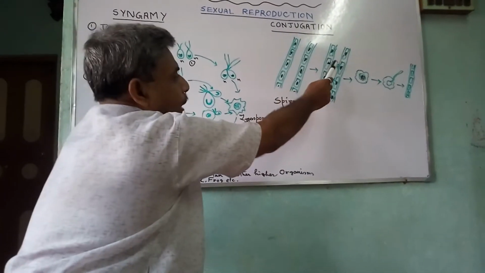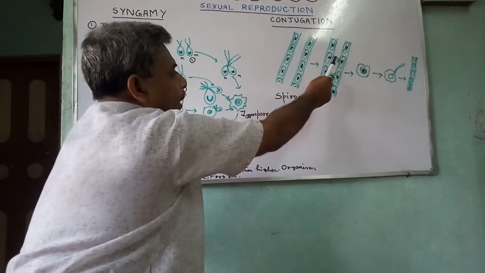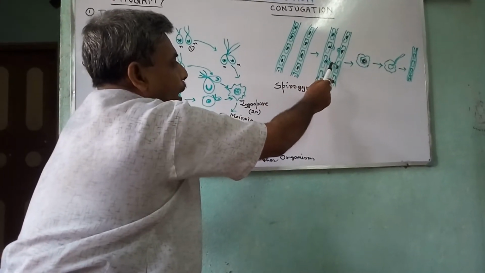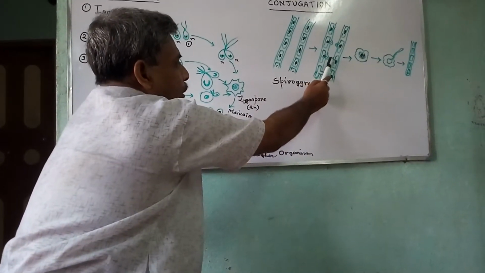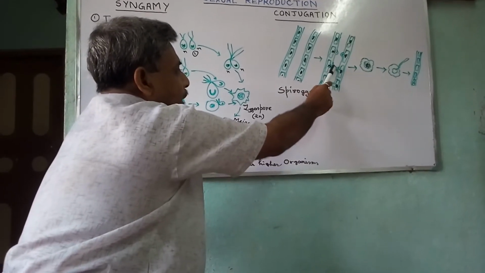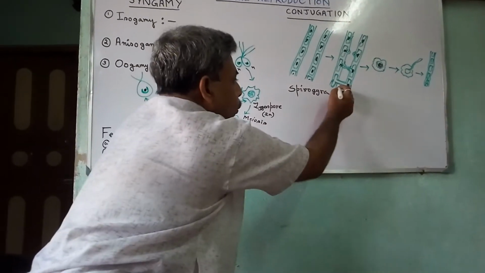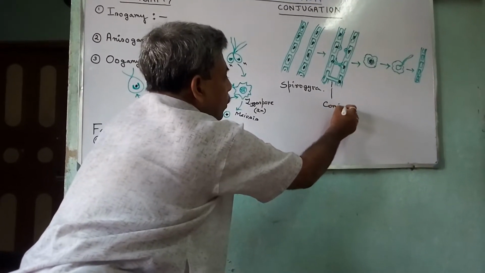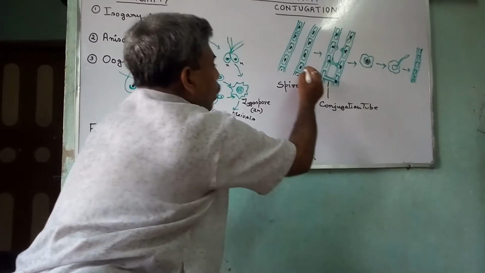Here we are seeing that the lateral walls of the two cells present side by side are swelling out, and after a few hours they touch each other, and after all they get connected, forming a tube-like structure which is known as the conjugation tube, through which transfer of the gamete occurs from one cell to the other.